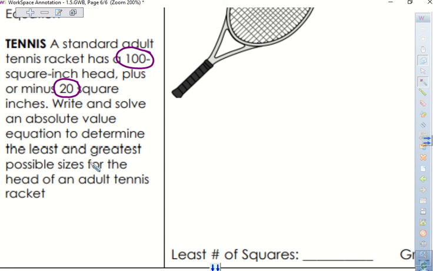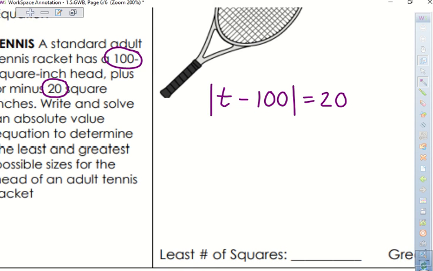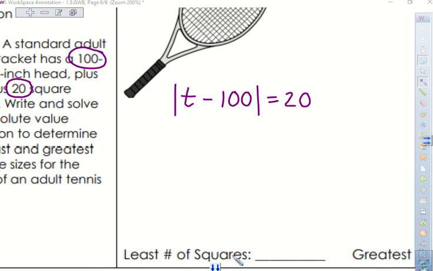And we're okay with it having a 20 distance from 100. So you can probably figure out the answers in your head. It's going to be negative 20 and positive 20, right? But to set up an equation that models that, t, the tennis racket head size, if we subtract 100 from it, we take the absolute value of it, it should be equal to 20. Okay, that's the equation that would represent that. So, how would we go about solving this absolute value equation?